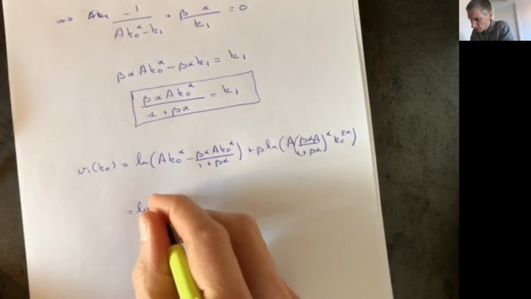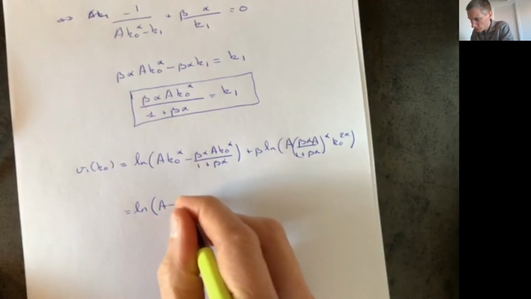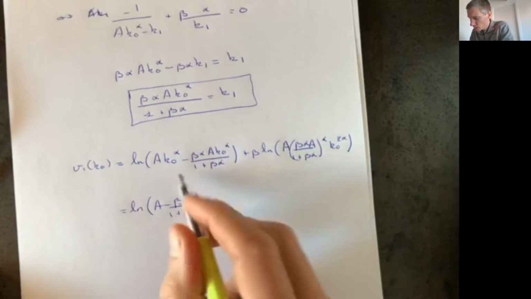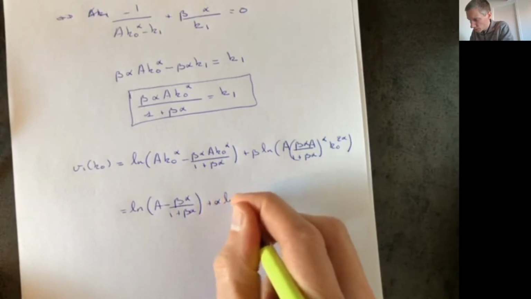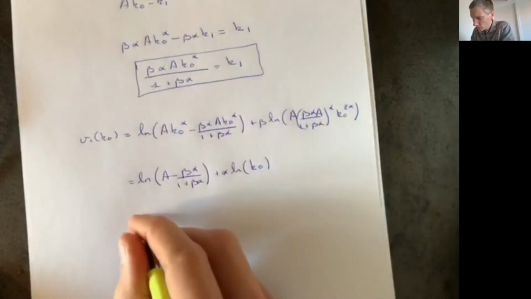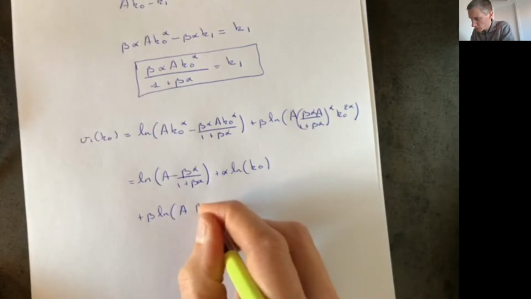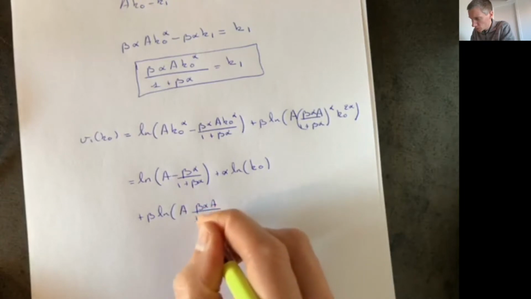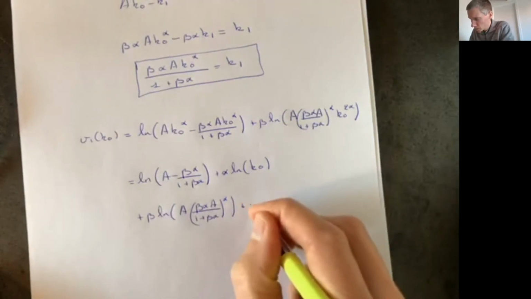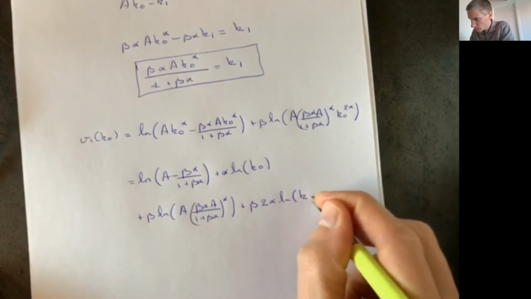So anyway, here I have separated the K0 alpha from the other terms. It's a minus beta alpha over 1 plus beta alpha, and then I have plus alpha ln K0, and then here I have plus beta ln A beta alpha A over 1 plus beta alpha, alpha plus beta 2 alpha ln K0.